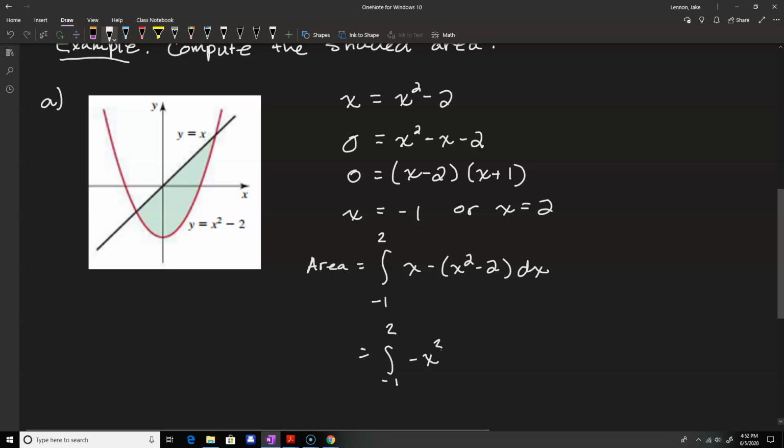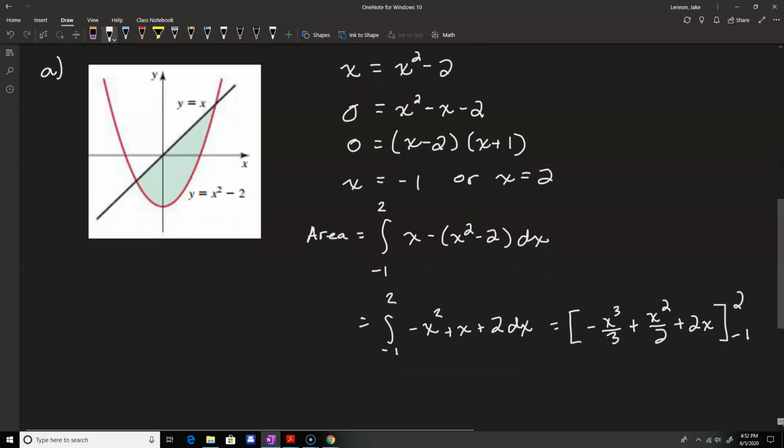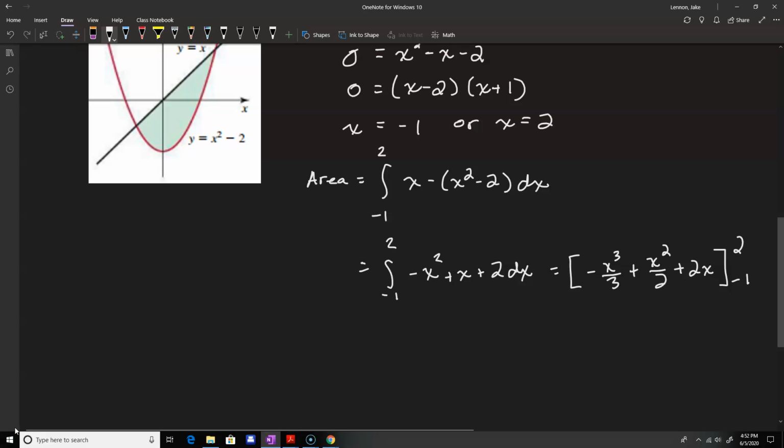If I rearrange the terms in order from largest power to smallest, we have the integral from -1 to 2 of minus x squared plus x plus 2. So this becomes minus x cubed over 3 plus x squared over 2 plus 2x from -1 to 2. And we can go ahead and just plug that into our calculator, and we get our answer of 4.5. So let's move on to another.